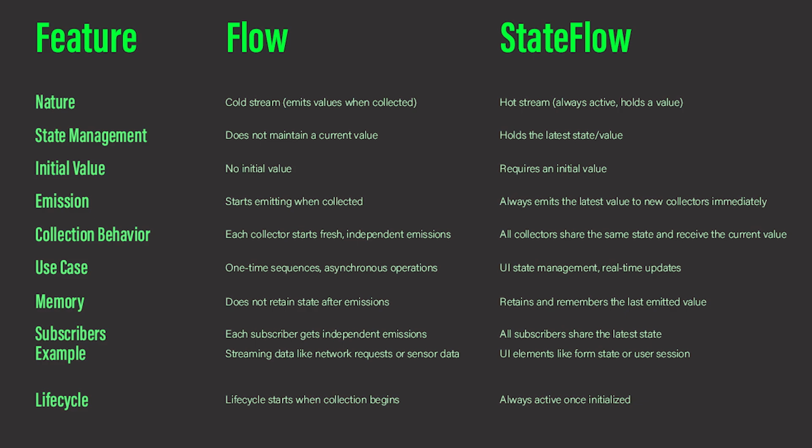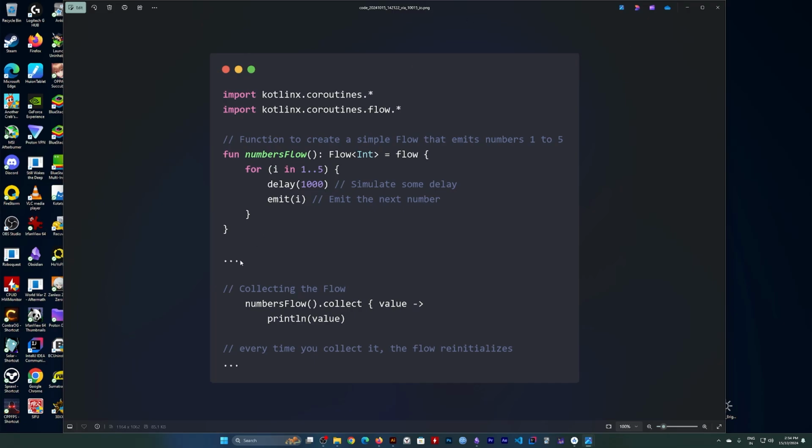Let's quickly look at how we would implement flow and mutable state flow. First, let's define this function, number flow. This function just returns a flow object. We can use emit to return the values. We're not creating this function from scratch.